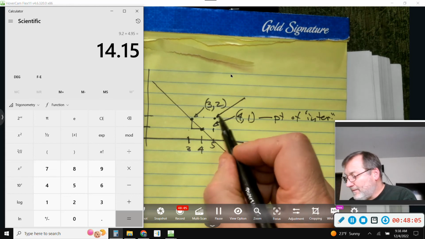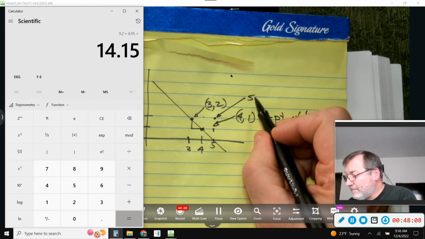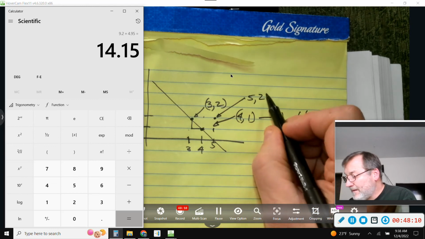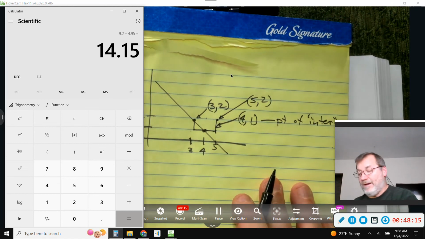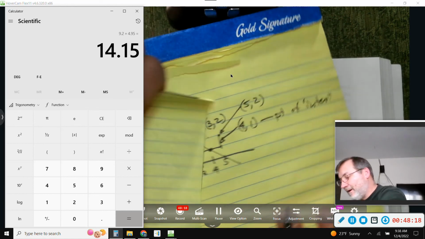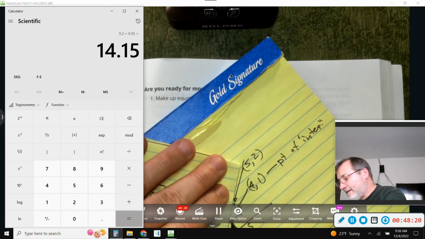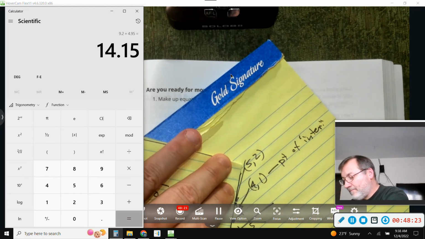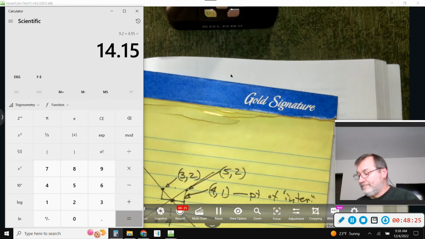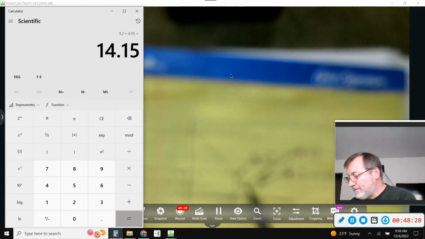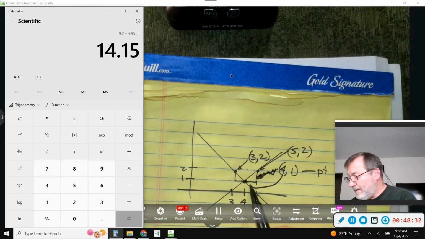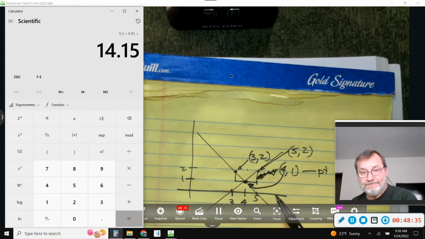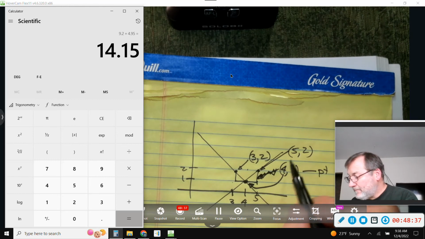That point there is 5, 2. To the right 5 and up 2. So you went like this, and now I have another line, and I can have them both intersect there. So there's your point of intersection, right there.